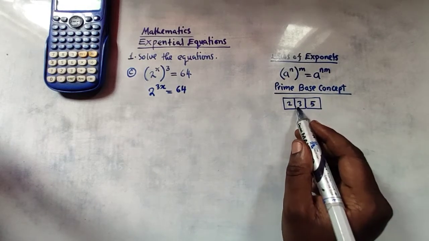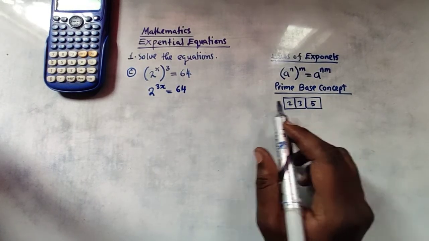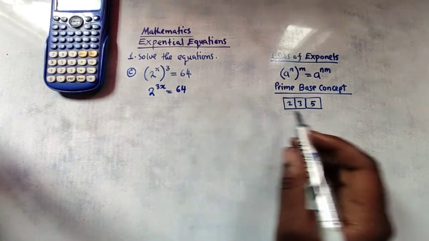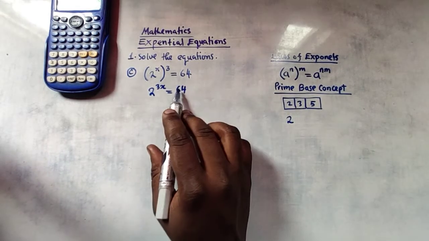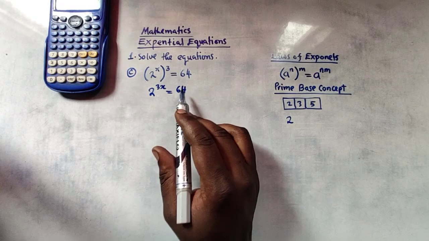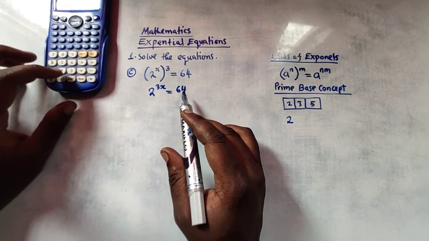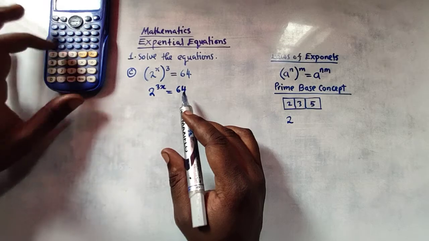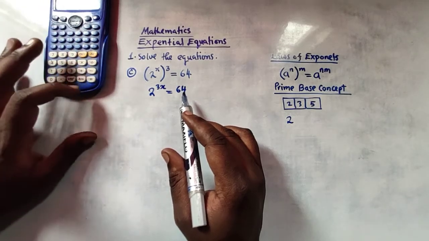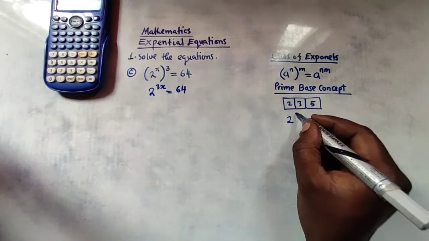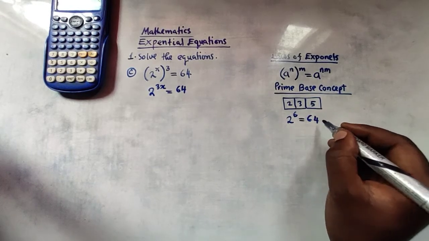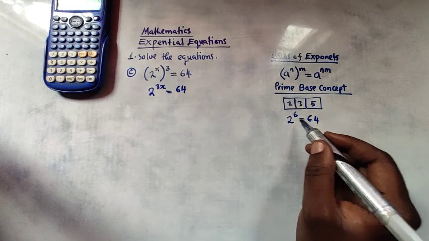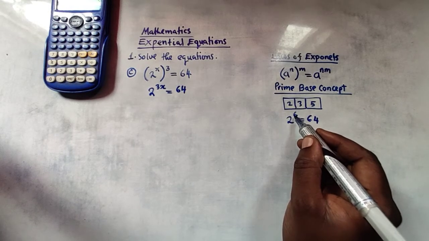The smallest prime number that can be raised to a certain power to give 64 is 2, and that power is 6. So 2 raised to the power 6 is equal to 64, and I can substitute 64 for 2 raised to the power 6.